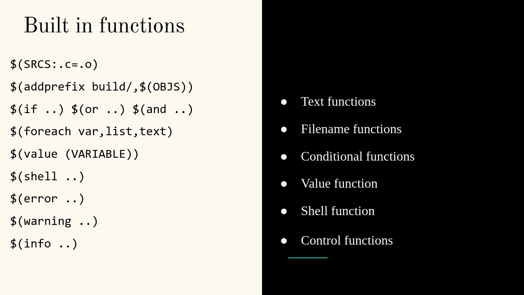And warning and info are pretty self-explanatory. Error will halt the build at that point, but warning and info are basically the same thing, with the difference that one says info and one says warning. So it's kind of like a severity thing. And I believe there's a command line flag for Make to tell it not to emit info or warning, but it will always stop on an error call.